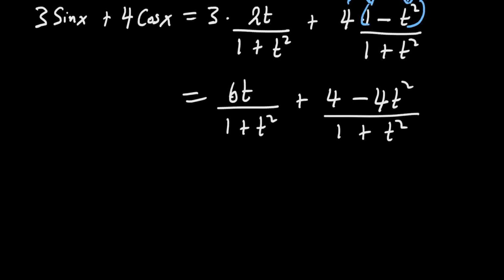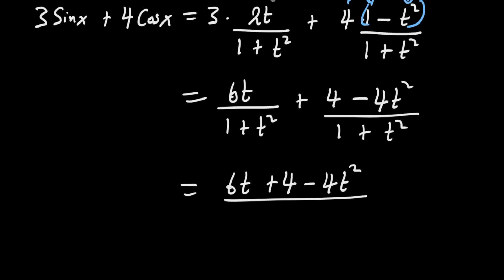Now the common denominator is 1 plus t squared, so this will become 6t plus 4 minus 4t squared over 1 plus t squared.